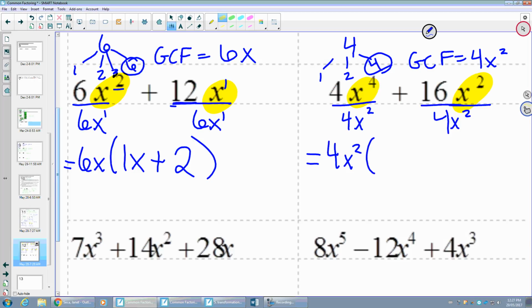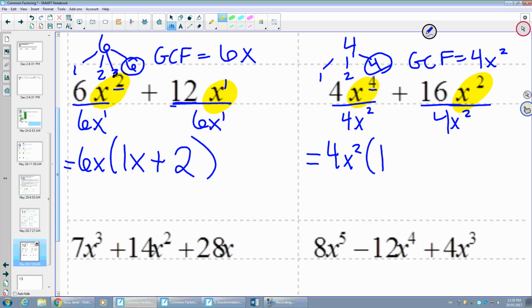I want you to take a minute and put in what you think you're going to get when you divide everything by 4x squared. Okay, so what you should have gotten, 4 divided by 4 gives you 1.